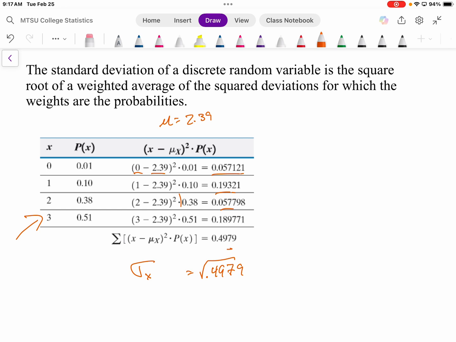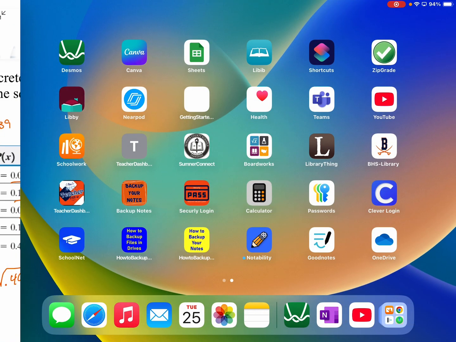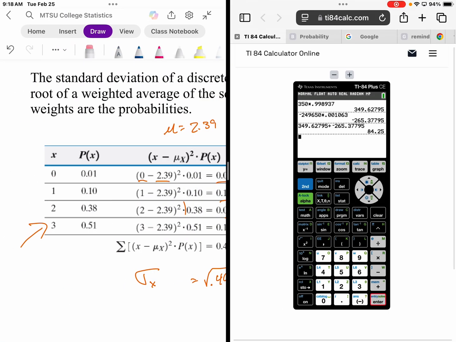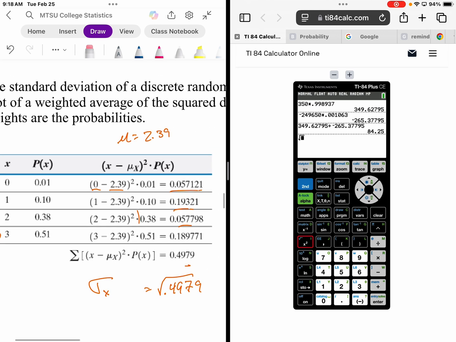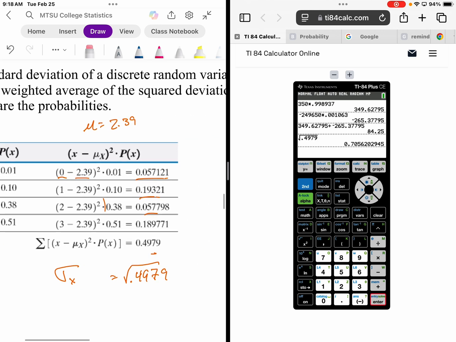So that's the only thing this screenshot didn't do yet. But they're showing real quickly, okay, I take each value, subtract the mean from it, square it, multiply it by the probability of it happening, add up all those answers, then I got to square root it. So for this one, as I get my calculator again, the standard deviation would be the square root of 0.4979, which would give us approximately 0.7056.